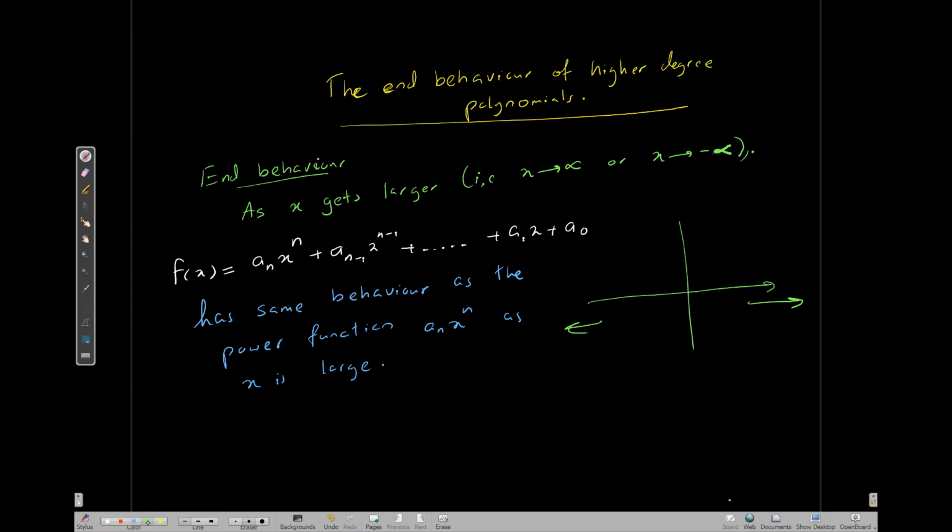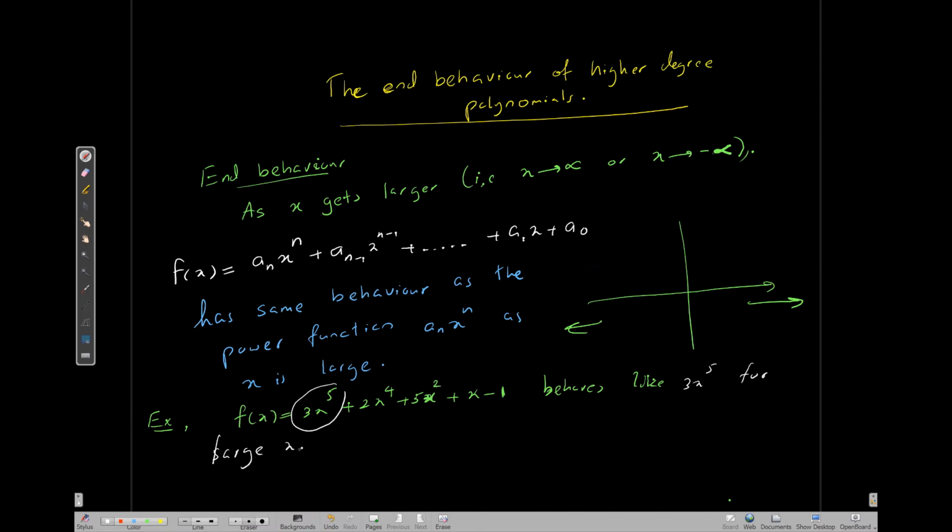Now, in simple words, this means, for example, that the fifth degree polynomial 3x to the 5 plus 2x to the 4th plus 5x squared plus x minus 1 behaves like this guy right here for sufficiently large x.